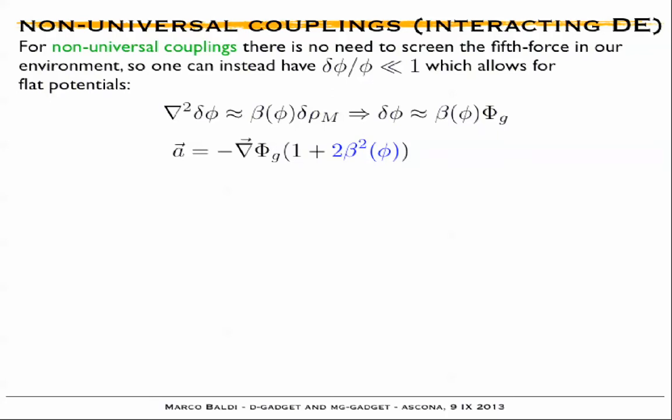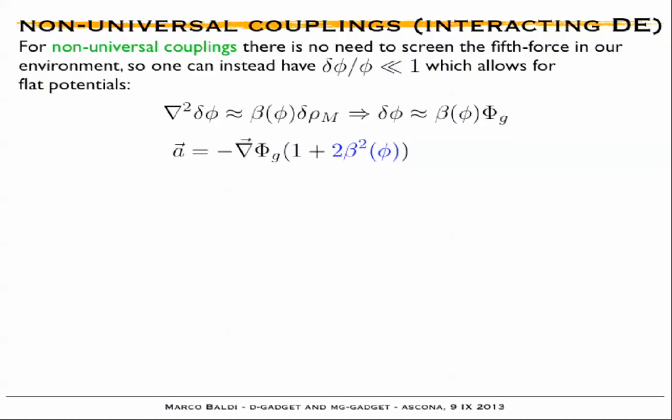Okay, so in this case, since you don't have to screen because you are not subject to solar system tests of scalar gravity like Brans-Dicke theory, you don't need to have a screening mechanism, so you don't need to have very large fluctuation of the scalar field itself. So you are allowed to have models, and in particular potentials, that give you very small density fluctuations of the scalar field.